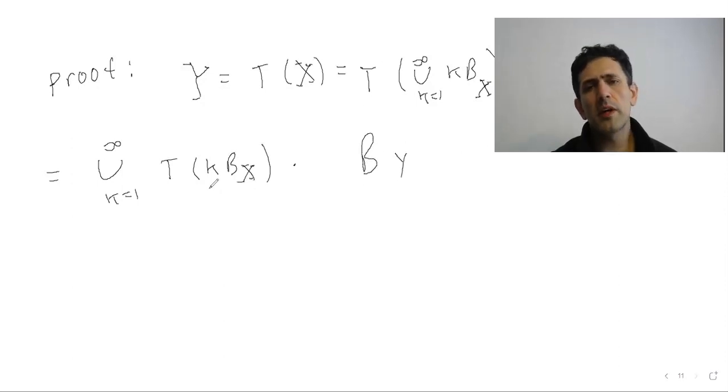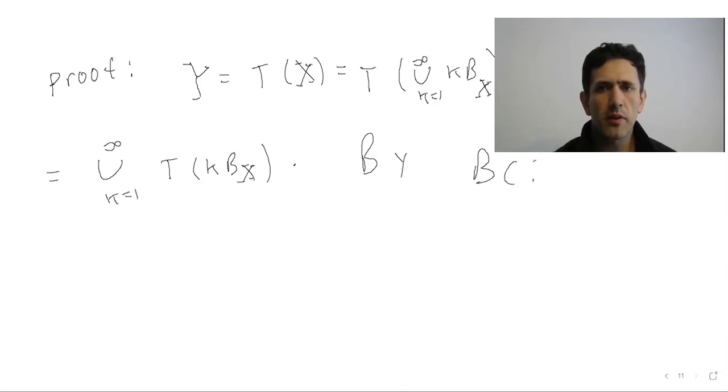So the only annoying thing, though, with the Baire category theorem, I remember Y is a Banach space, so there's no problem there. But all the Baire category theorem says is that a complete metric space can't be written as the union of nowhere dense sets.